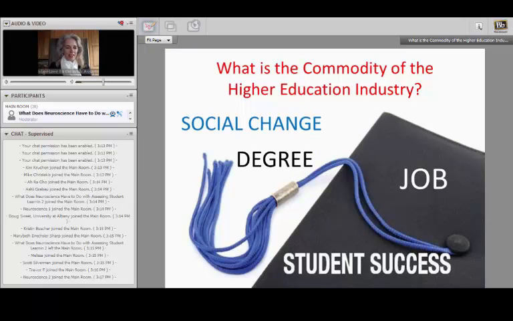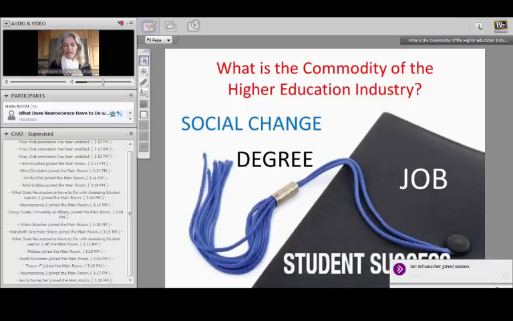Let's get started with a chat room participation with regard to this question: what is the commodity of the higher education industry? And I understand if there are some trigger words in there, like commodity and industry. And I also respect that we are well aware that this is a dialogue that's been going on in the federal government for quite some time and is actually ramped up with regard to the use of terminology around what is the commodity of the higher education industry.